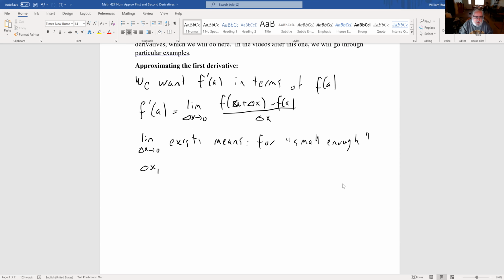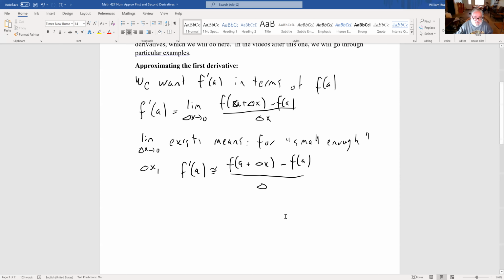For small delta x, f prime of A is approximately f of A plus delta x minus f of A over delta x. There's a little squiggly line there to mean approximately. So that's the approximation of the first derivative, right? If we know the function and we go a little bit to the right of a point A, we'll get the first derivative.